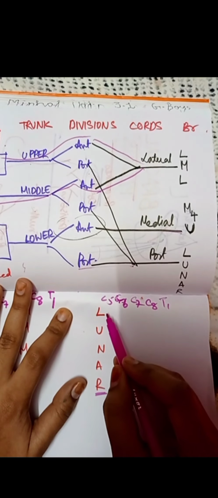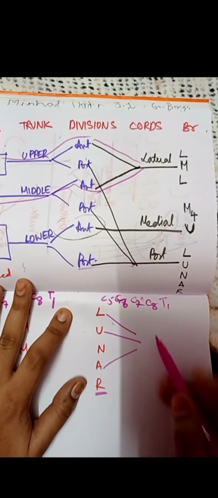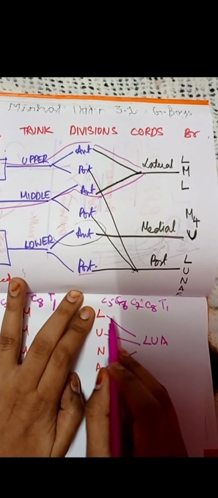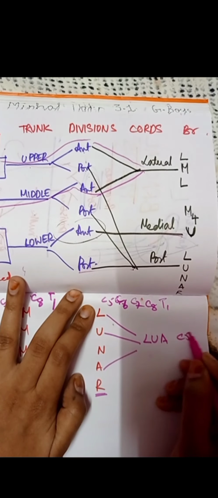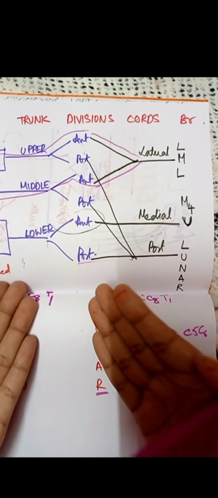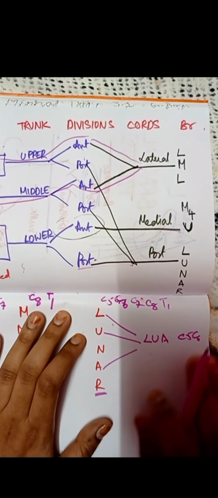We will see. LUA will take only the initial two, C5, C6. So this nerve's root value is C5, C6. I will be expanding, then again I will correlate with the root value, so don't worry.